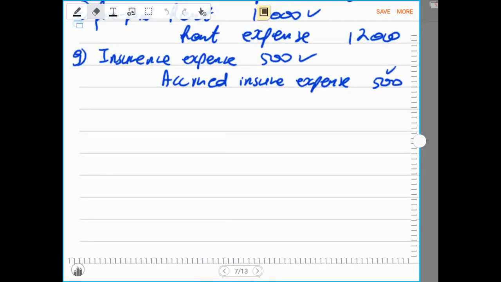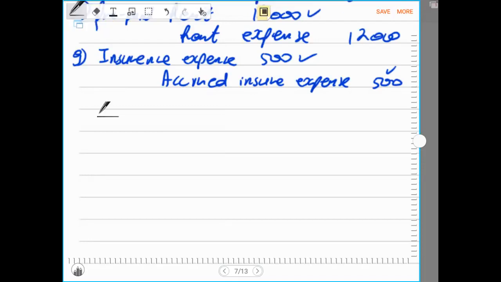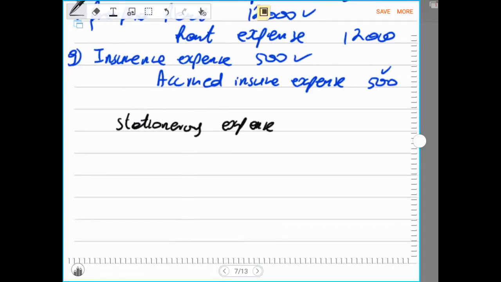With regard to the stationery, a reversal will be done where you say debit stationery expense by 800, and we credit the stationery on hand. And this is for an amount of 800.